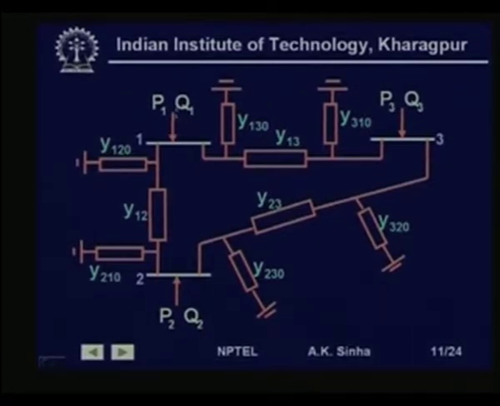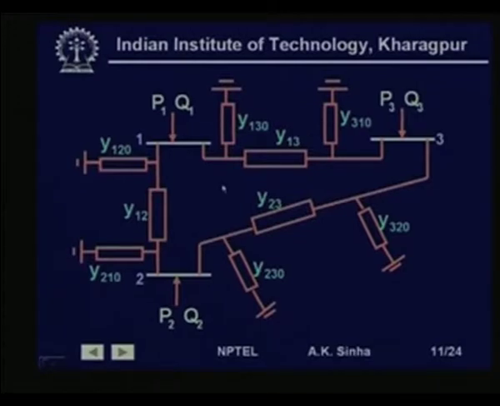Now, if we take these power injections and convert them into current injections, then having this circuit with us, we can, using Kirchhoff's law, write the network equation for this system.